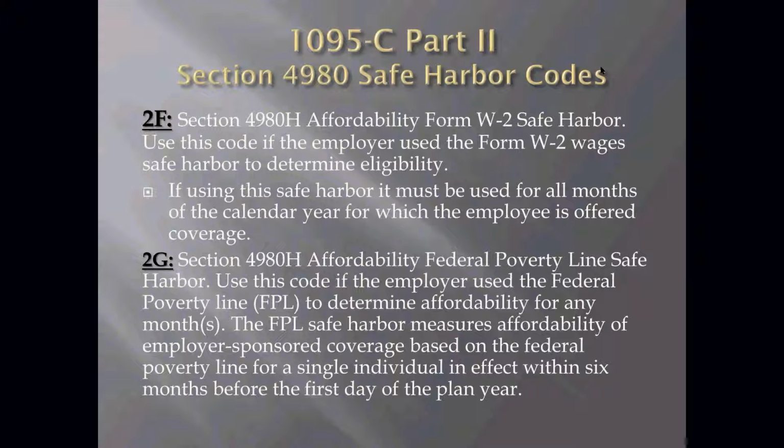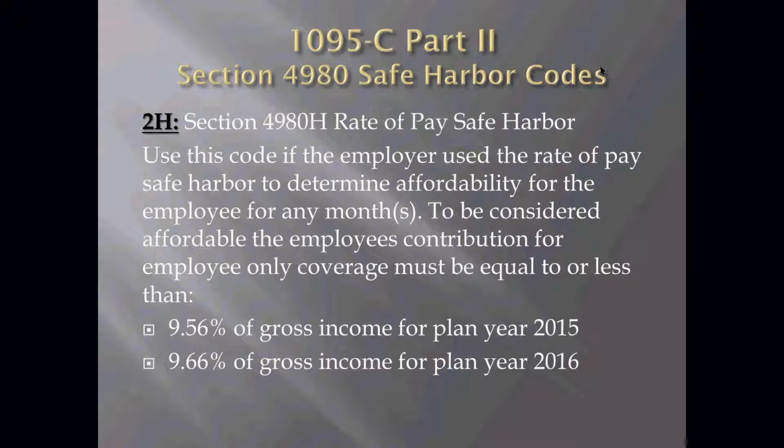So you'll be able to put 2G in for all 12 months that the employee was employed by you, and you'll have this safe harbor. Again, the big thing to remember is your employee has to be spending less than $93 per month in order for this to apply. Any questions on those two codes?